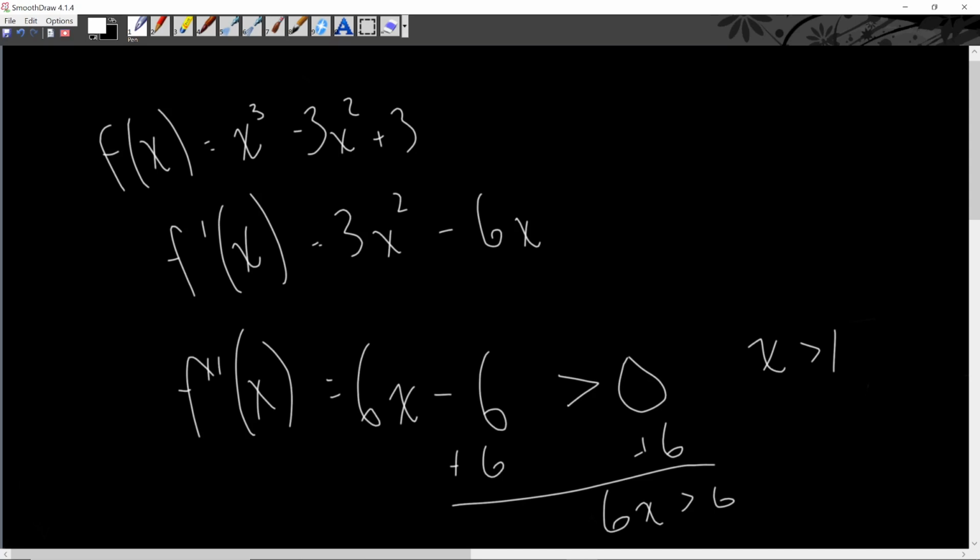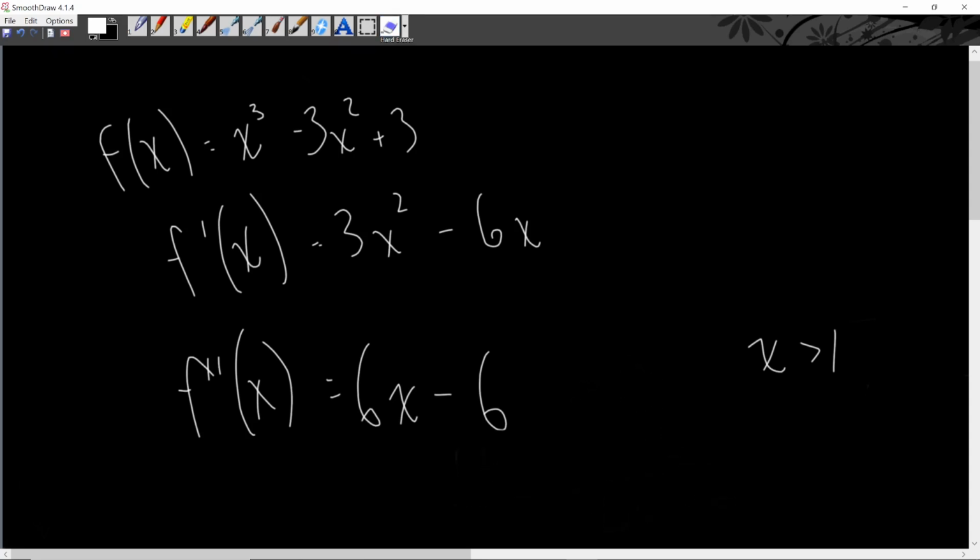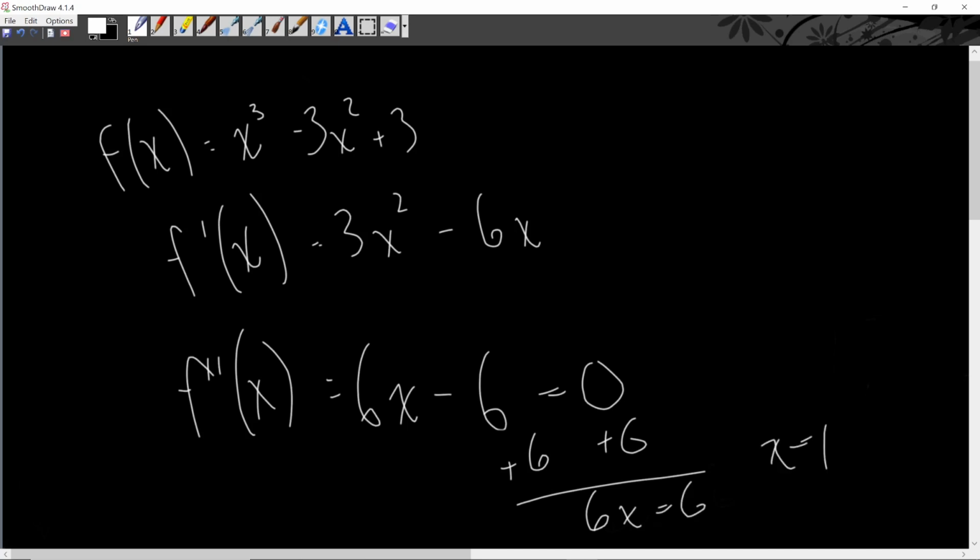Okay, and this one is the exact same problem, but just very slightly different. It is not asking us when the graph is concave upward. It is just asking us when f double prime of x is equal to 0. So from here, same thing, we add 6 to both sides. So 6x equals 6, which means that x equals 1.